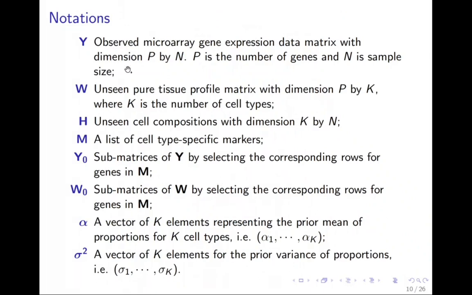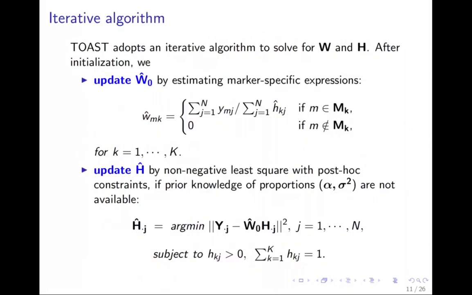Some notations here. Y is the observed gene expression data matrix. H is the quantity that we want to estimate, the cell composition. M is the cell type specific marker. Alpha and sigma are the prior knowledge of the proportions, which are optional. Our iterative algorithm is designed in two steps.